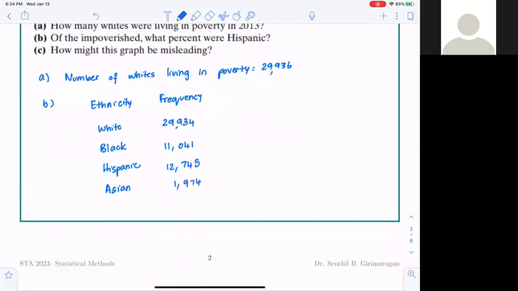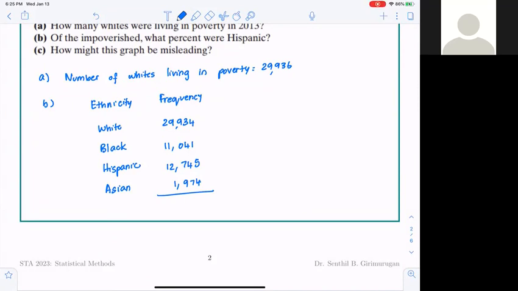So if we tally all of those values, we will get the total number of people that we used in the study to make inference. So we could add all of those numbers to get the total.